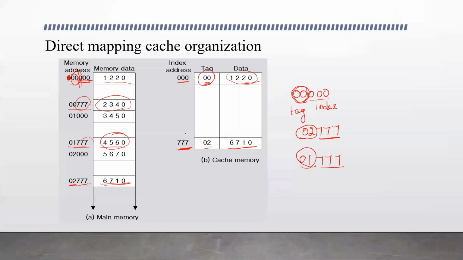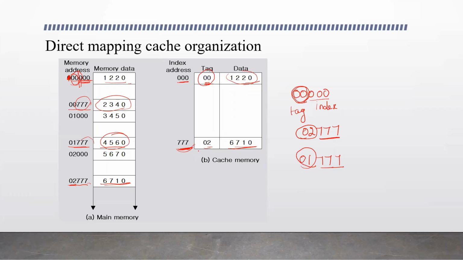When the index address is the same for many data elements and the tags are different, it is difficult to locate the data. It takes a lot of time. If initially the address itself is not there, it directly searches from the main memory. So the hit ratio will drop here, and the performance will decrease.